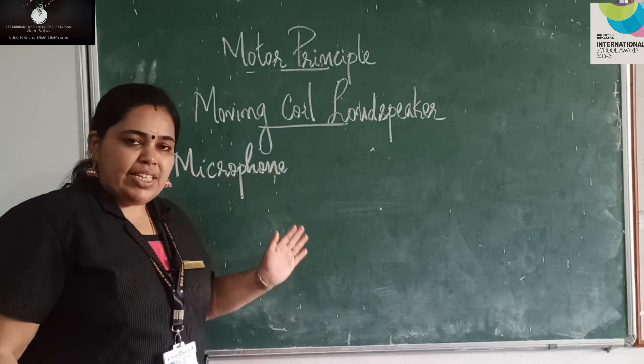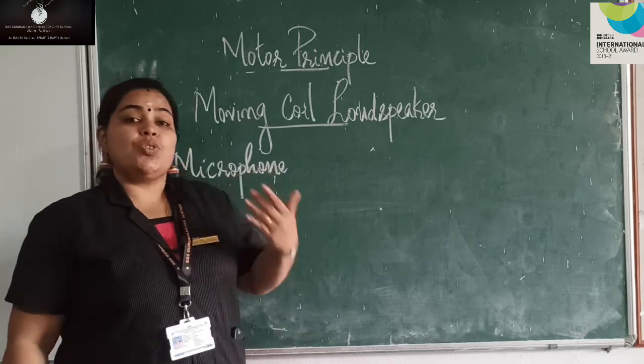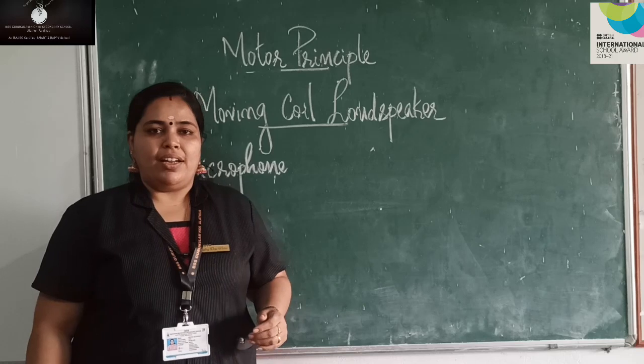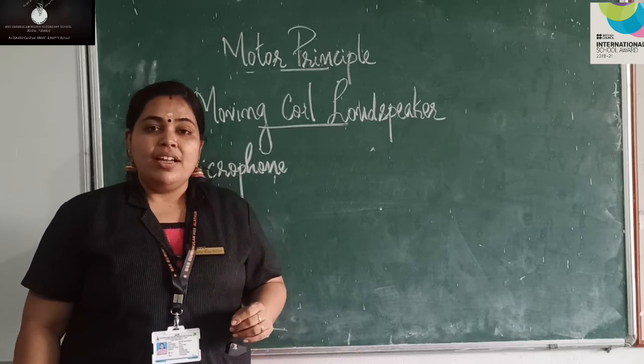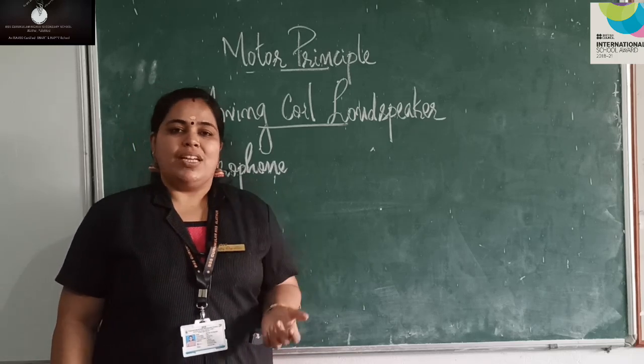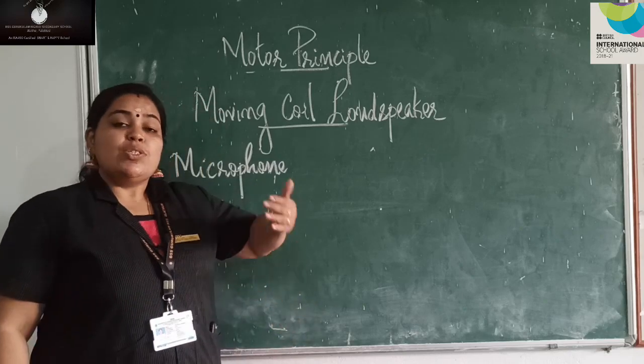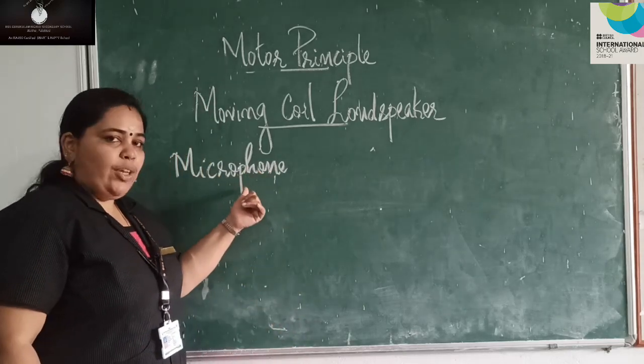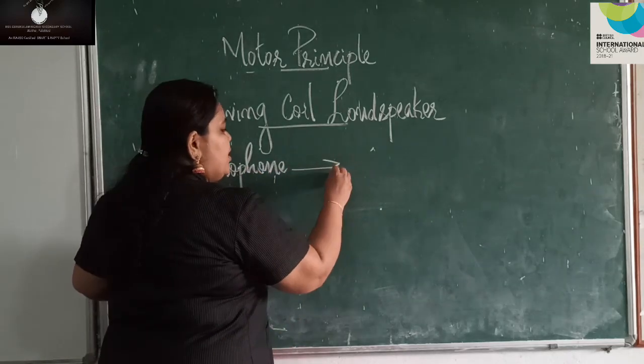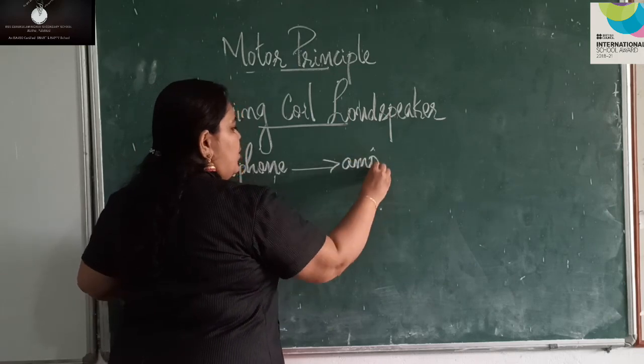The electrical signals from the microphone are strengthened using an amplifier. What is the function of an amplifier? Amplifier is used to strengthen the signals. So the electrical signals from the microphone are strengthened using an amplifier.